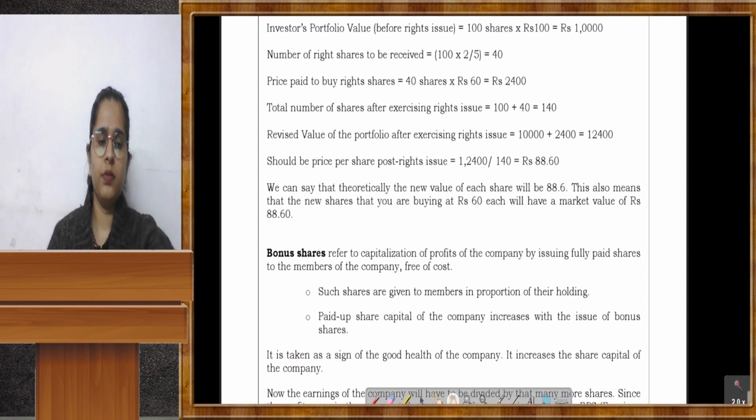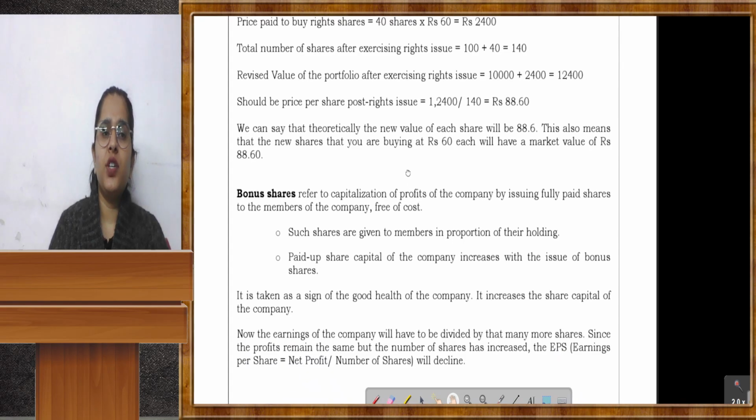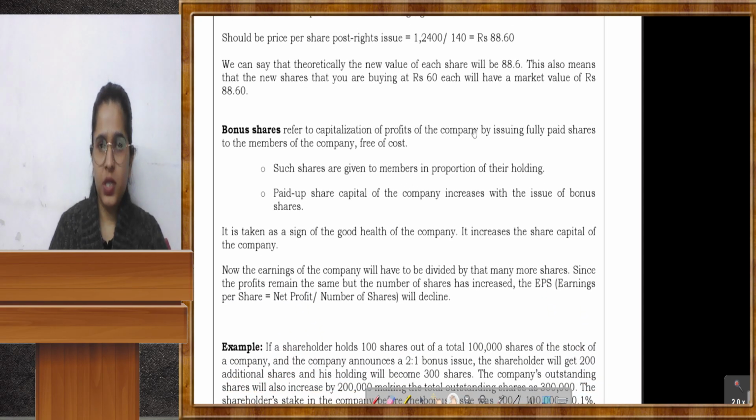Next, after right issue comes the topic of bonus issue. Okay, so what happens in case of bonus issue is, see, here is a company, ABC Limited.